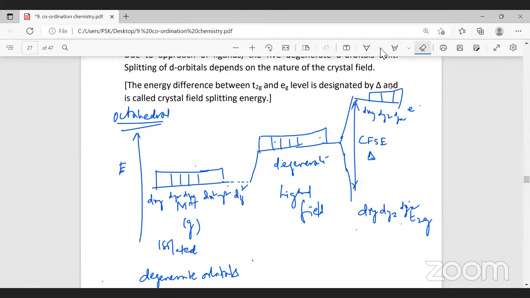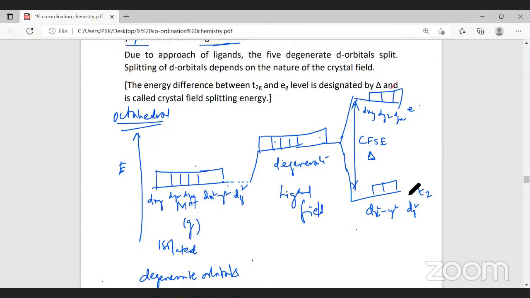What is the name of those 2 orbitals? The name of those 2 orbitals will be dx square minus y square and dz square. This is represented as only the T2 level. Lower energy level is represented as only T2. It is not G. For octahedral, we represent it as G. So in tetrahedral complexes, we do not represent it.